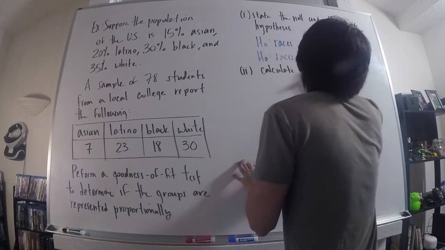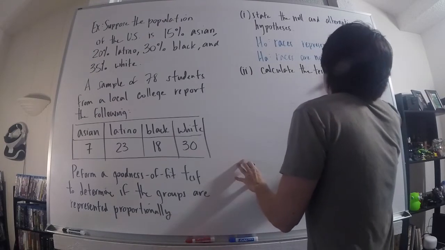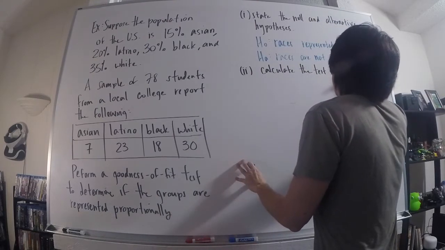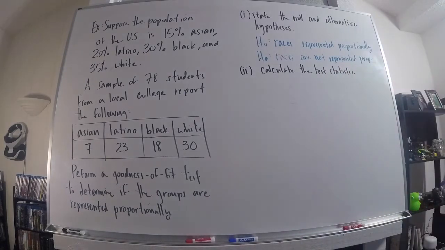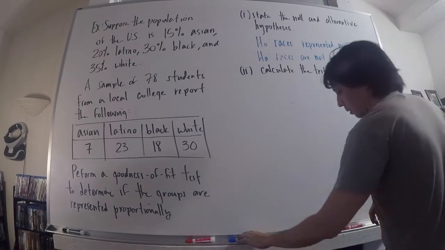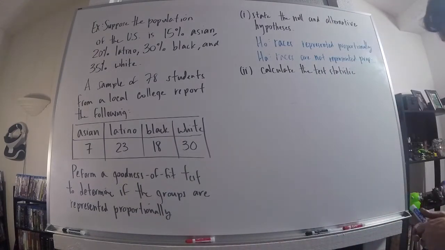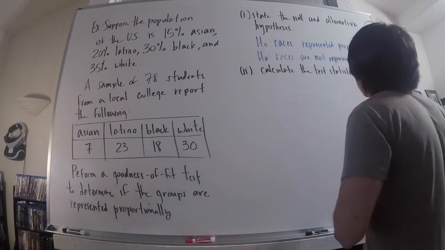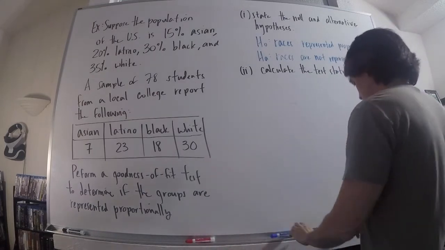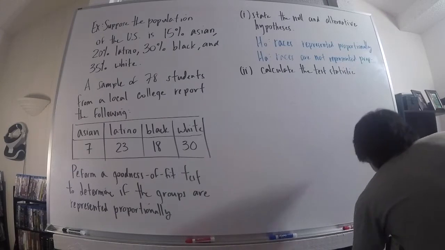Calculate the test statistic. And often when I ask that, I don't even really specify which test statistic you're computing. You're expected to know that based on the test you're doing. This one is the chi-squared one. And so we need to build up towards, I erased it. Why did I erase it?